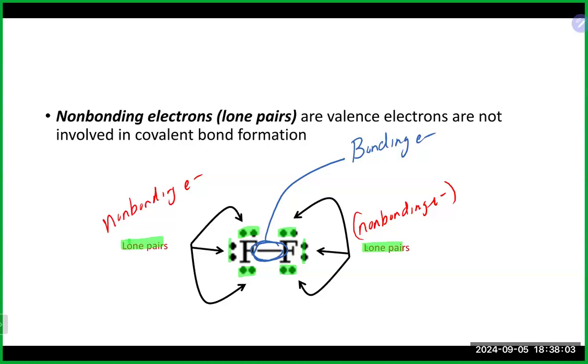Non-bonding electrons, or lone pairs, are not involved in bond formation. Regardless if it's non-bonding electrons or bonding electrons, you should always include all of them on your picture when you draw these things. So when you draw Lewis structures, you should always include both the non-bonding electrons and the bonding electrons. And later on, we'll talk about the steps to draw proper Lewis structures for covalent compounds here.